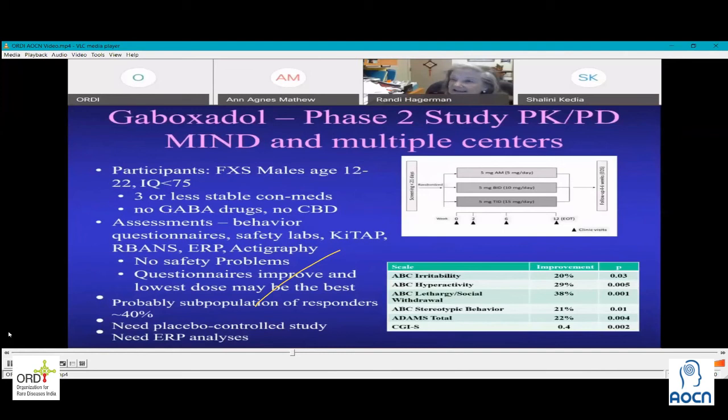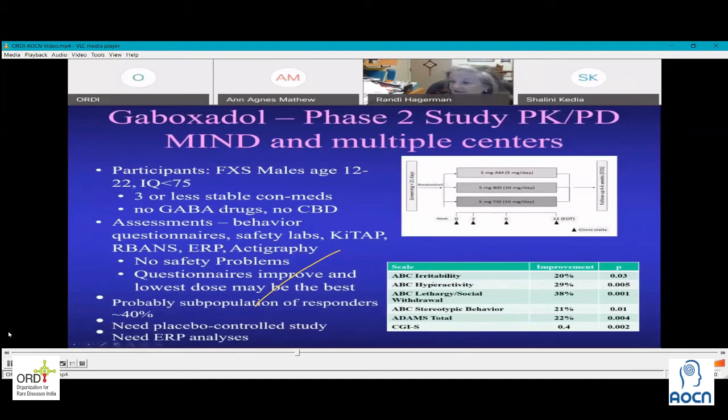Gaboxadol is a GABA A agonist, and this was studied in an open label study at multiple centers in individuals ages 12 to 22.